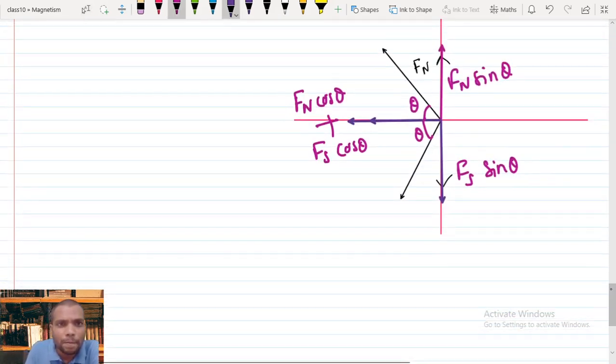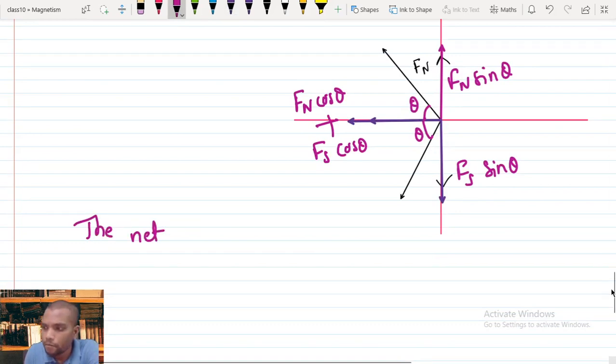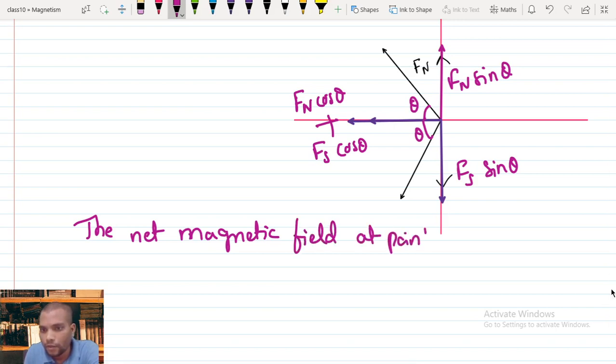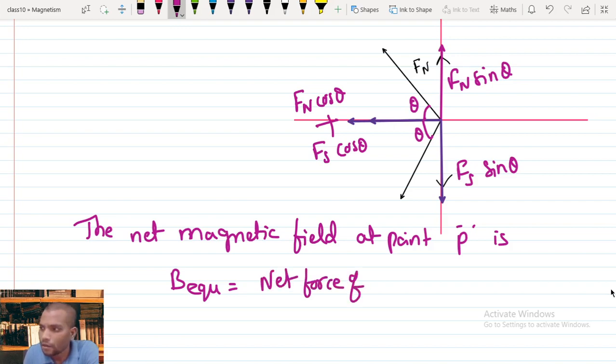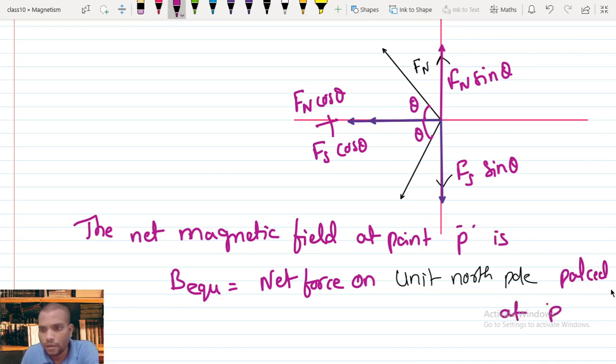So the net magnetic field at an equatorial point P is B equatorial, equal to the net force on a unit north pole placed at P. So this is our helping hand, my dears, the unit north pole.